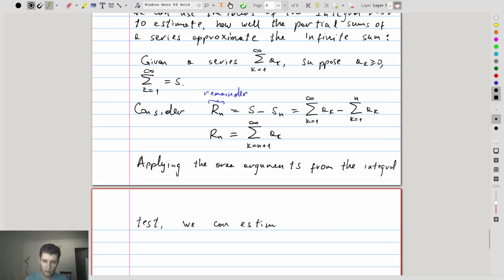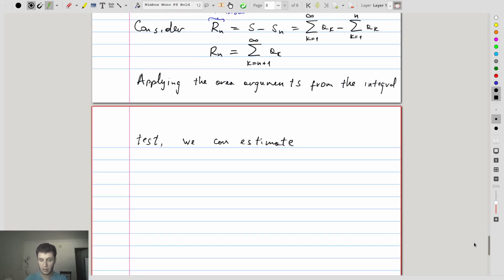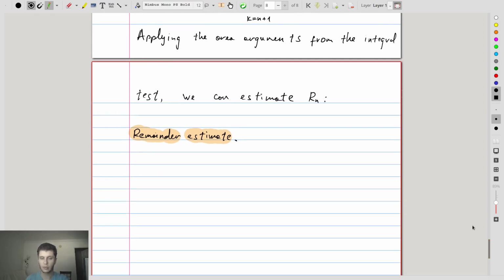But in order to do that, we want to make sure that we are in a position to apply the integral test. So let us recall the assumptions necessary for applying the integral test. And so this will be the so-called remainder estimate. So when you are told to estimate a remainder of a series, it means that you have to apply this statement that we're about to formulate.